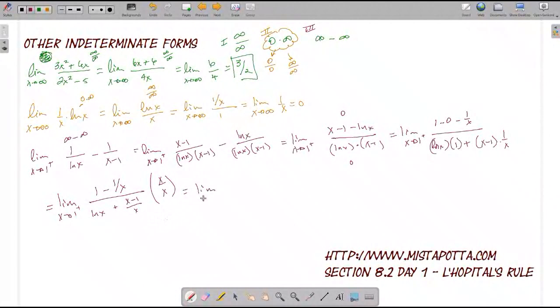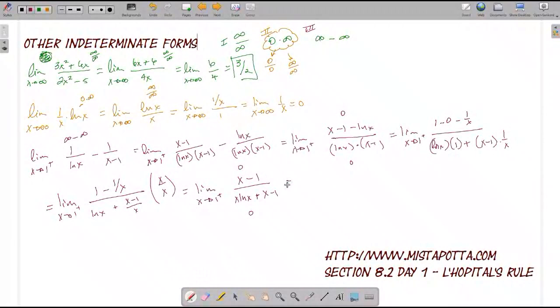So I've got the limit as x approaches 1 from the positive side of (x minus 1) over (x ln x plus x minus 1). And again, I end up with this 0 over 0 indeterminate form, and so I can use L'Hopital's rule once more.